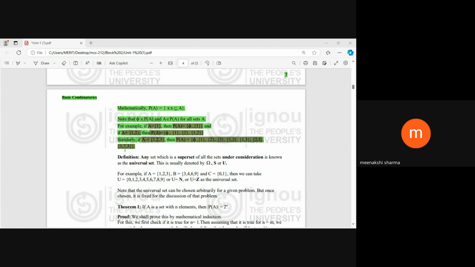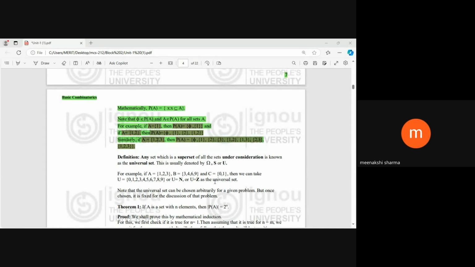Set A has two elements, 1 and 2. The power set of A: firstly we use the empty set, then we use 1 separately, then 2 separately, then we use 1 and 2 both combined.